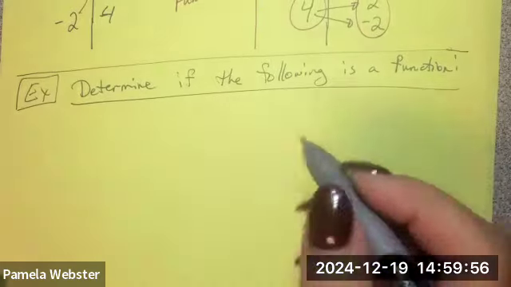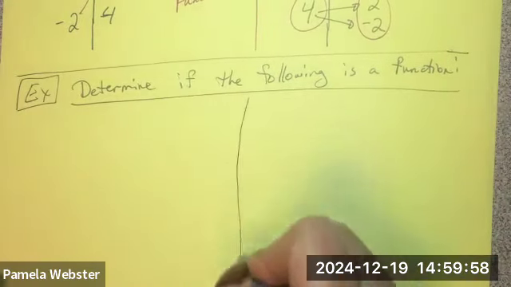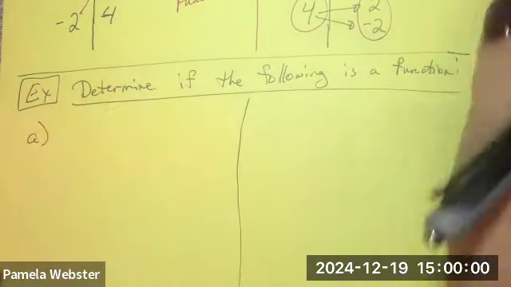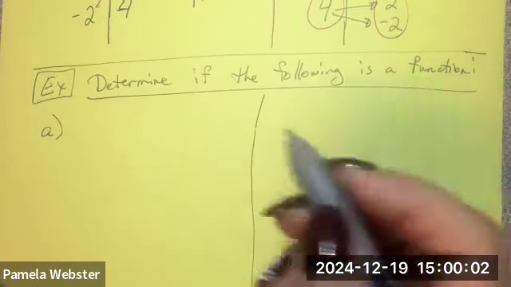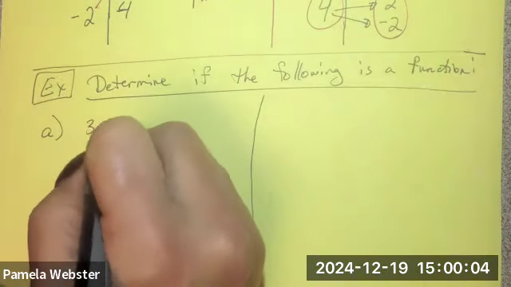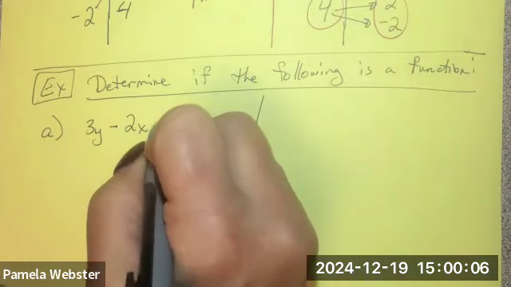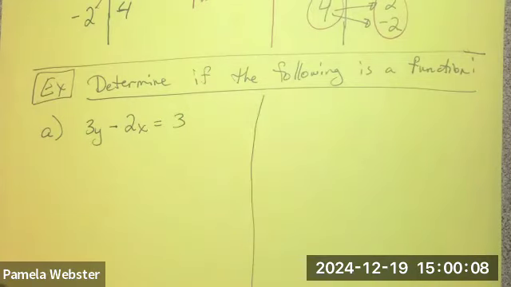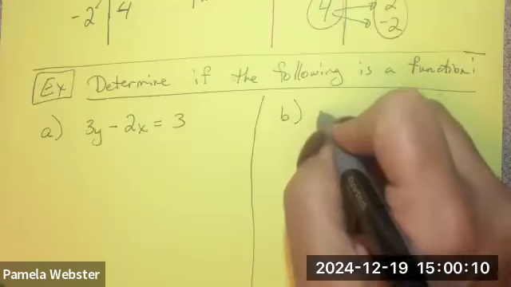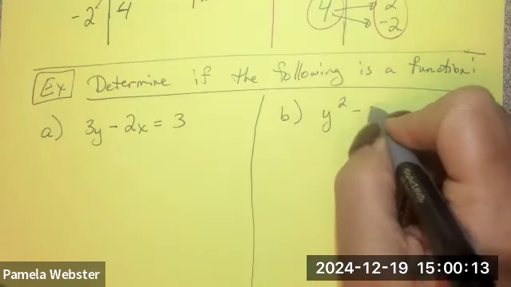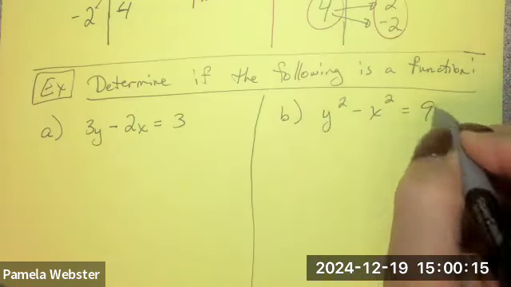The first one is A: 3y minus 2x equals 3. And B over here is y squared minus x squared equals 9.